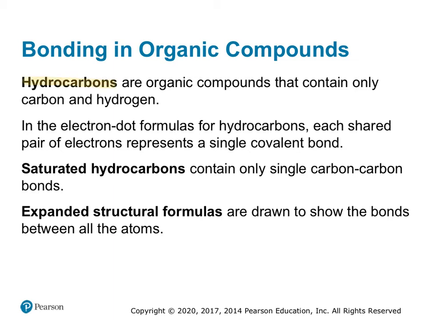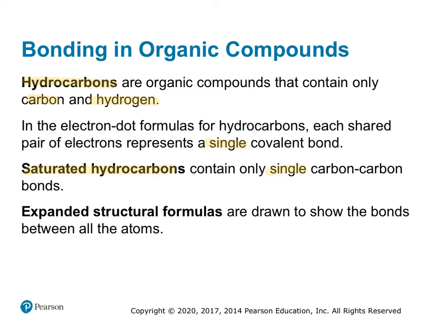Hydrocarbons are organic compounds that contain only carbon and hydrogen. If you draw the electron dot formula for hydrocarbons, each pair of electrons is a single covalent bond. We call this a saturated hydrocarbon that contains only single carbon-carbon bonds.